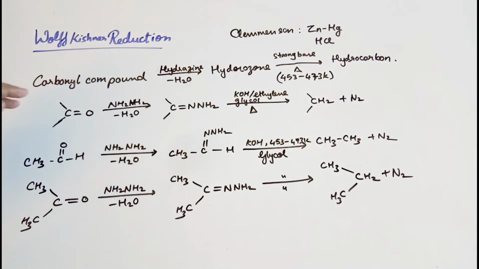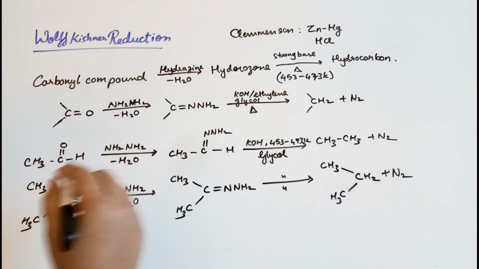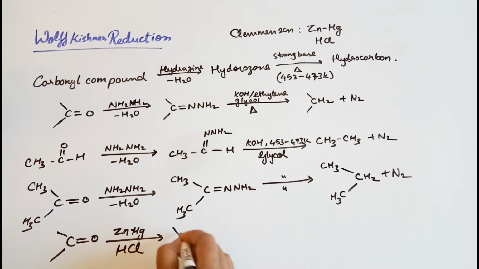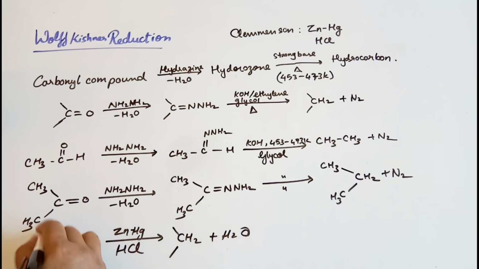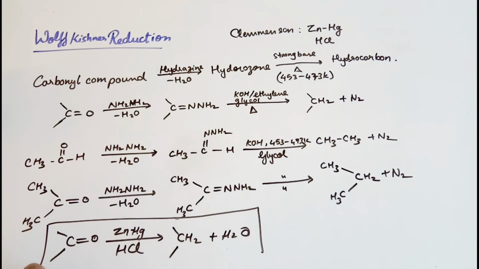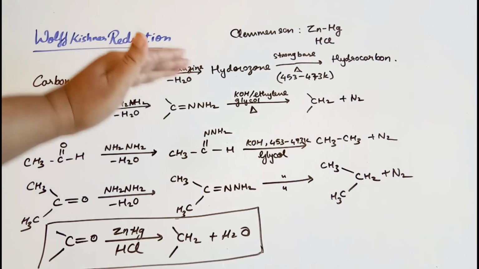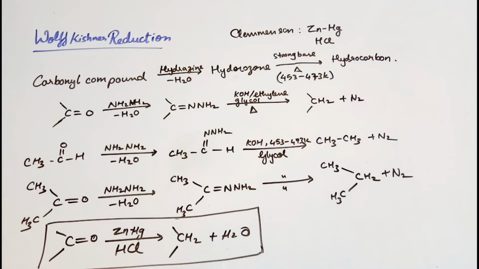Before I conclude this, the reason I keep saying that it's very similar to Clemmensen, I'll write it here. So in Clemmensen's, we had C=O, ZnHg, HCl, giving CH2 plus H2O. This is the reaction for Clemmensen's reduction. Look at the reaction of Wolff Kishner. In the end, we are getting an alkane, a hydrocarbon, in both these cases, right?